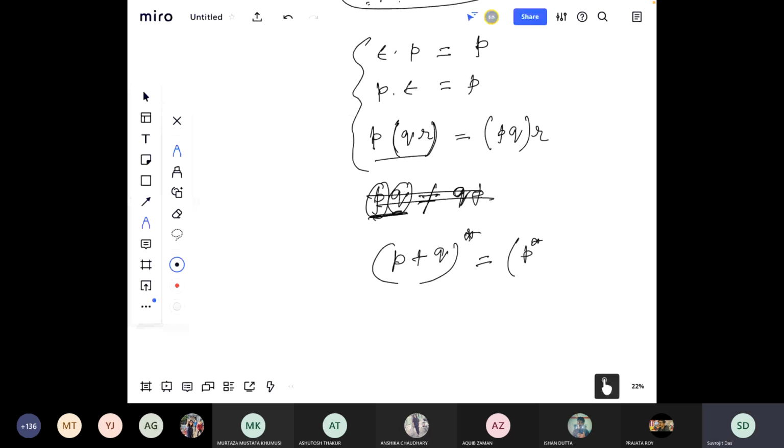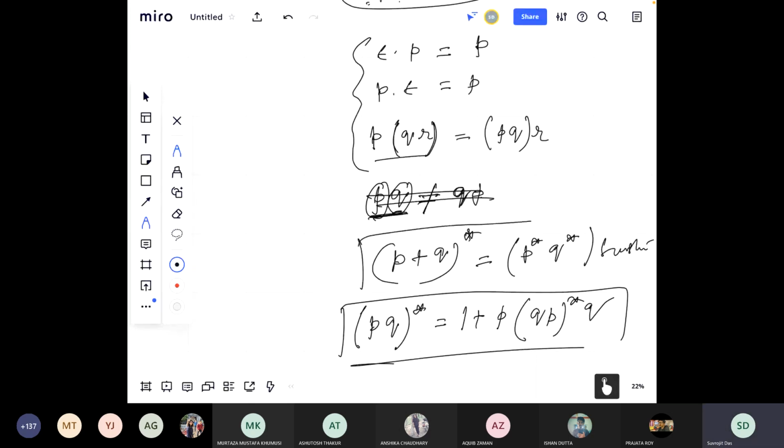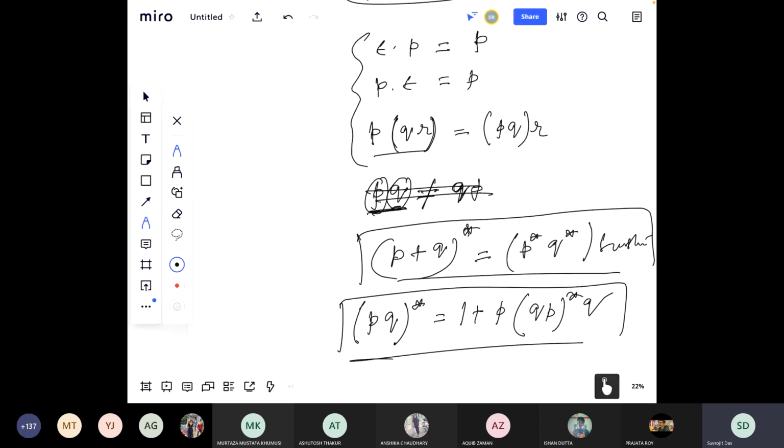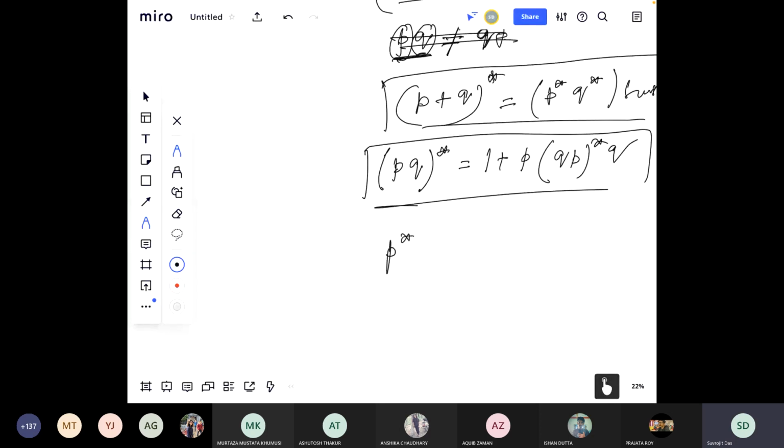Then there is the sum star operation, and you have other operations. If P and Q are regular expressions, (PQ) star is 1 plus P(QP) star Q. So this is how star is defined. Again, you have a star star operation. If P is a regular expression, P star star is P star.